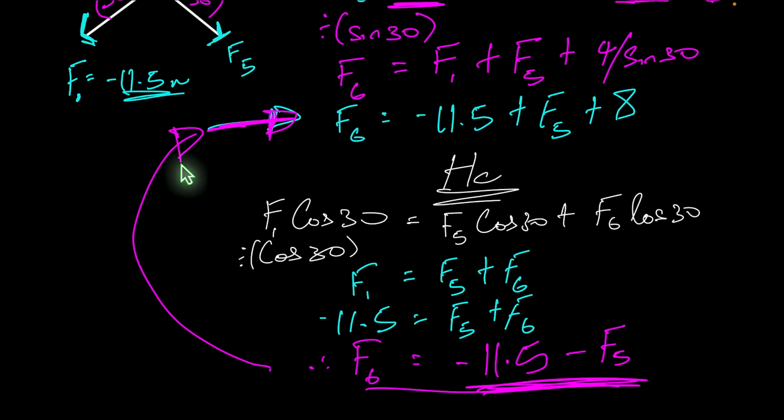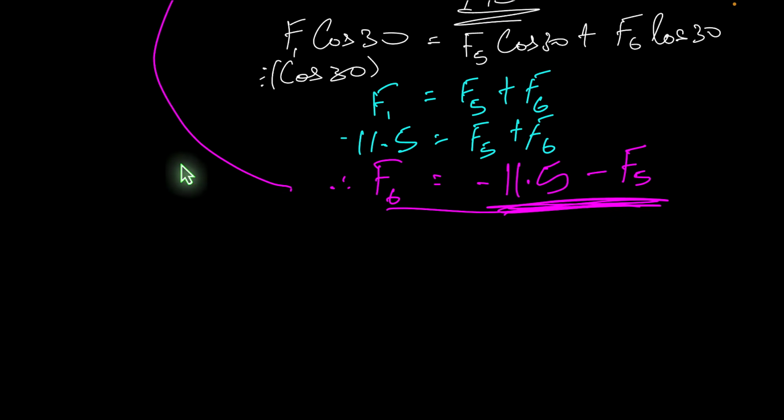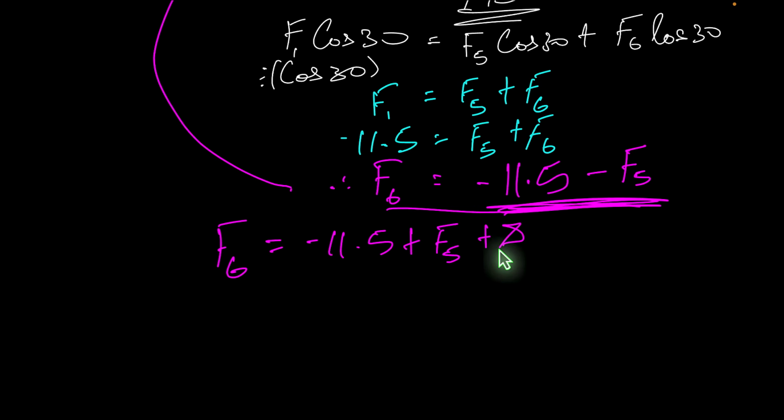So that's how we get what F5 turns out to be. So let's do that now. This was the original equation: F6 equals negative 11.5 plus F5 and plus 8.